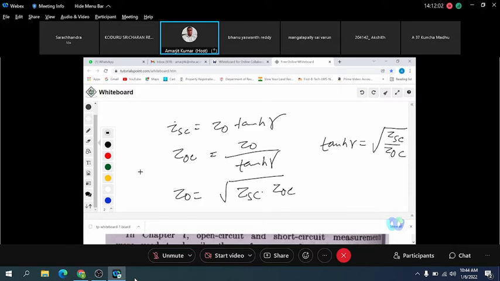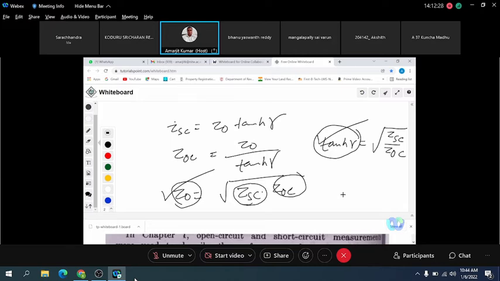So you can calculate both characteristic impedance and propagation constant if you have short circuit and open circuit impedances. If you have measured the short circuit and open circuit impedances of the network, you can calculate the characteristic impedance and also the propagation constant using these two equations.